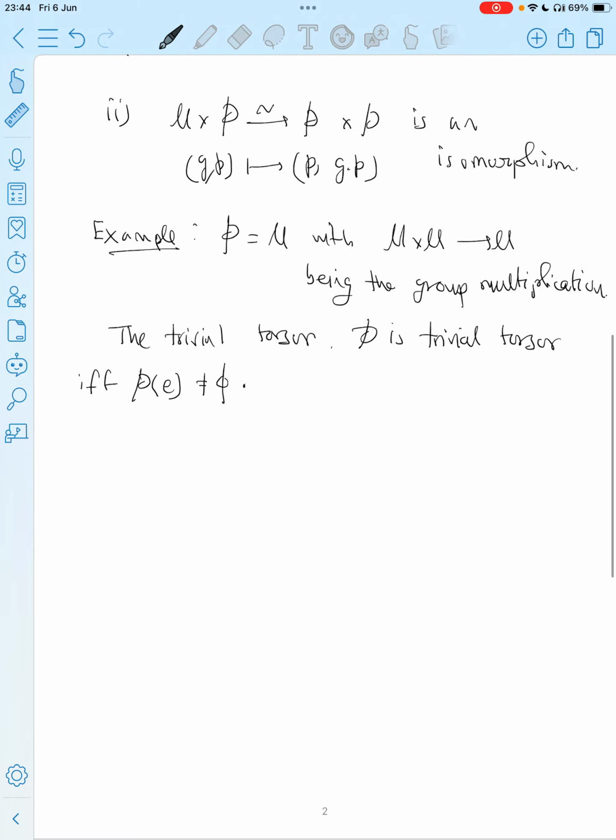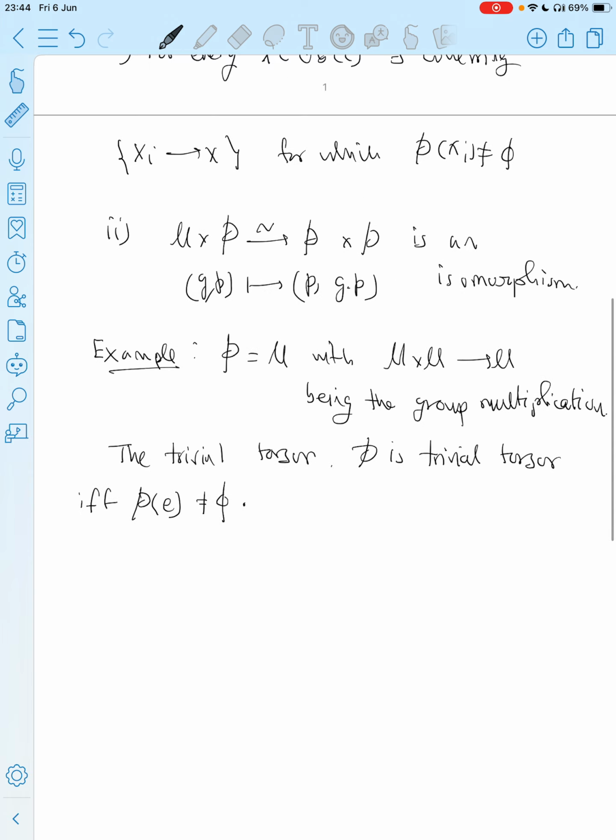So if you start with a section over the terminal object, let's call it S, then left multiplication by S gives you the required part 1 and part 2 of the definition. And in fact, it will define an isomorphism between mu and the torsor.